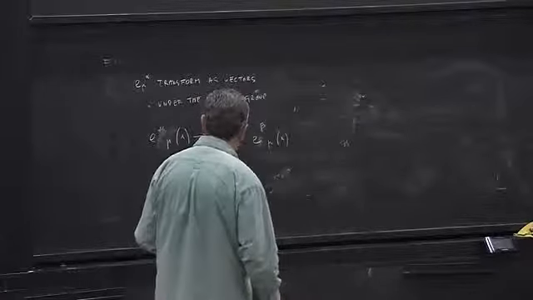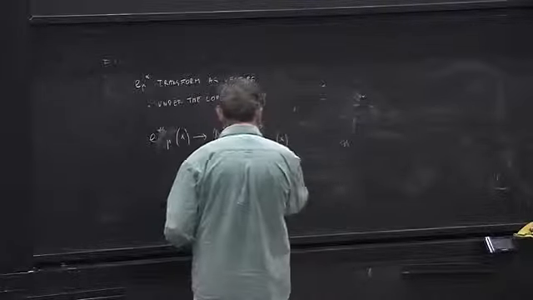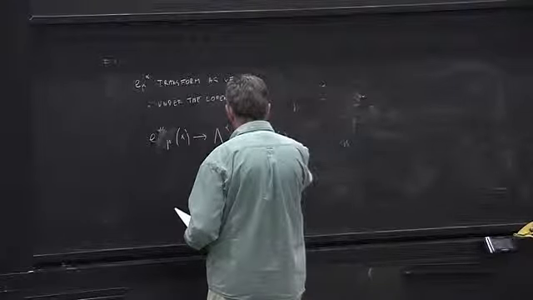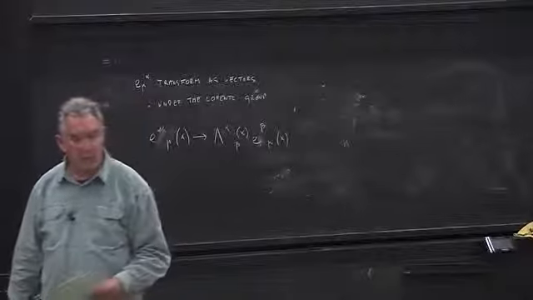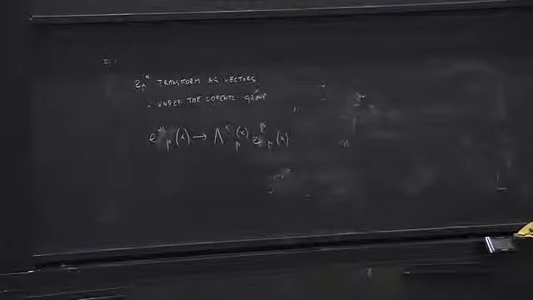But the difference in general relativity is that we're going to allow the Lorentz transformation to be a local transformation. We're going to allow the parameters to be different at different points in space-time.